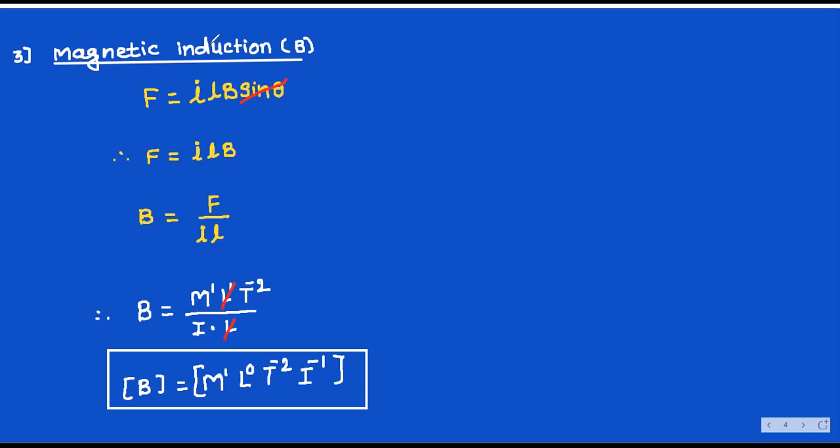One more is there, that is gravitational constant, which is a little bit lengthy, we can say. So let's solve that one also. You try to solve maximum. Those which you are not getting or not understanding, you can send me.